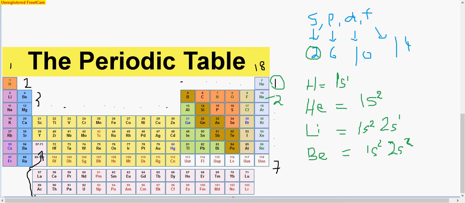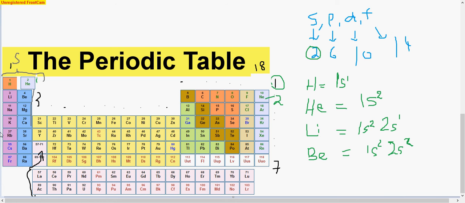Now one thing you need to know before I configure boron is that these two groups over here, and helium actually, when we do it in orbitals, it comes over here, because it has only s, right? So these are the two groups where the s orbital comes.